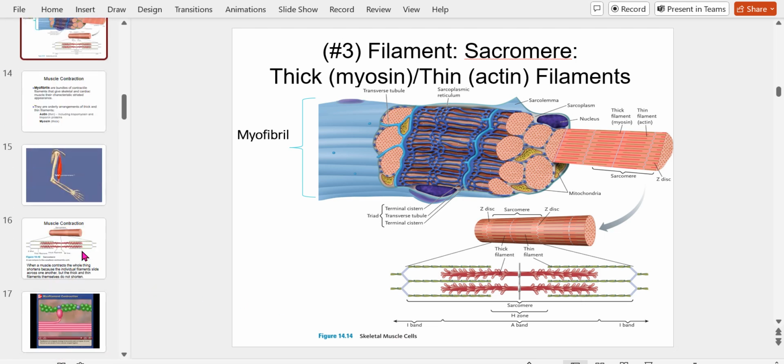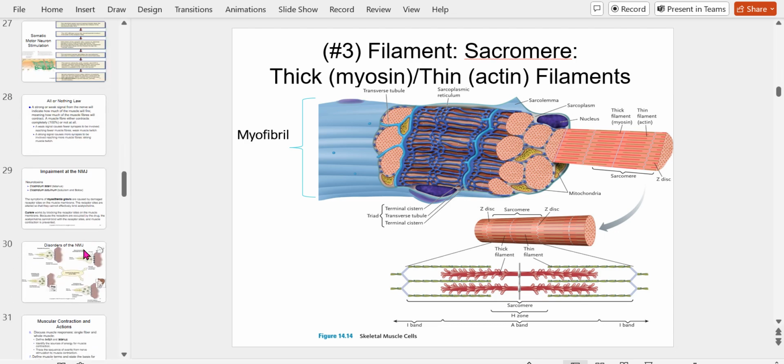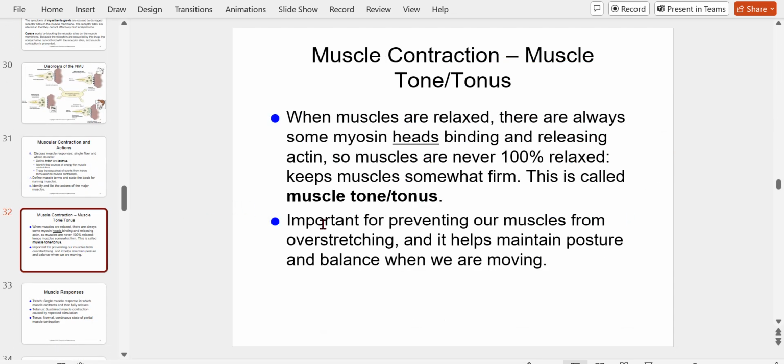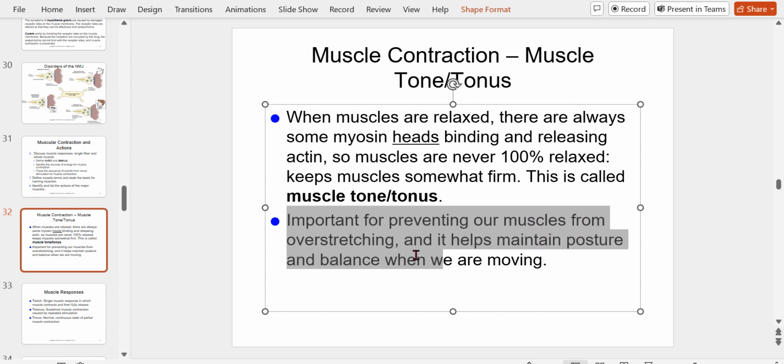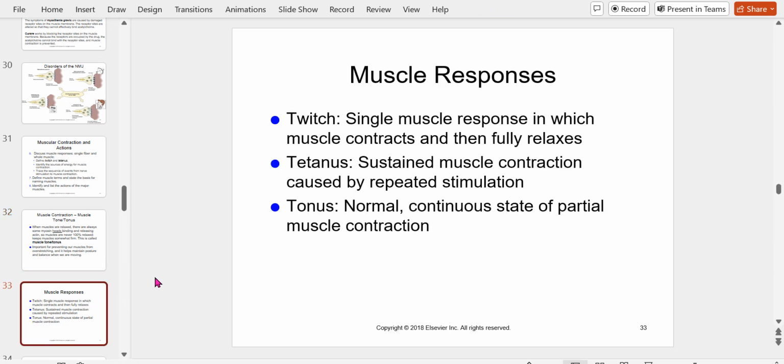So that's called muscle tonus, or muscle tone. When the muscles are relaxed, there are always some myosin heads binding and releasing actin, so the muscles are never 100% relaxed. It keeps muscles somewhat firm. This is called muscle tonus. It's important for preventing our muscles from overstretching, and it helps maintain posture and balance when we are moving. Also good if a bear is chasing us or decides to eat us.